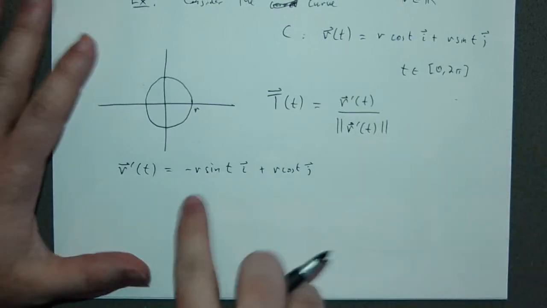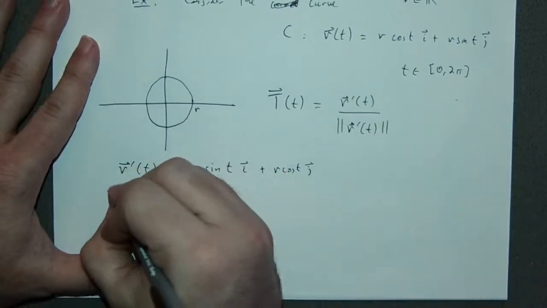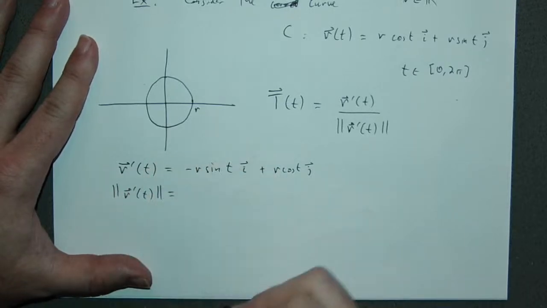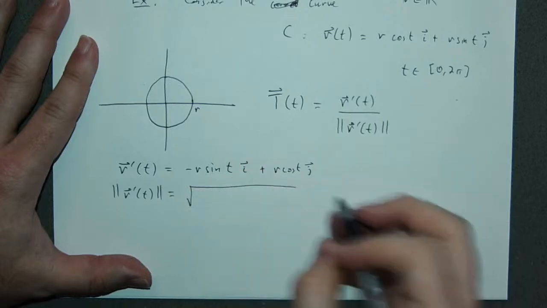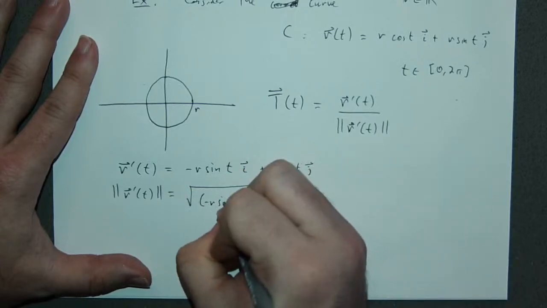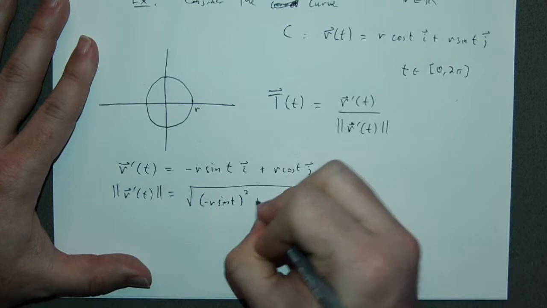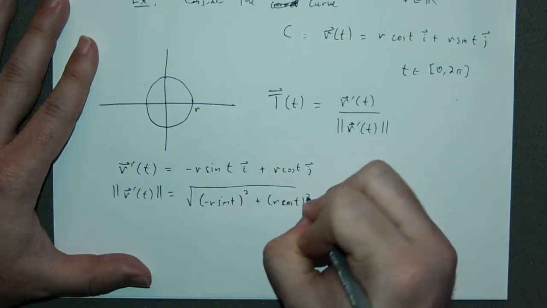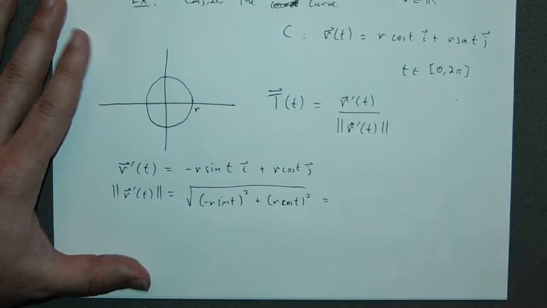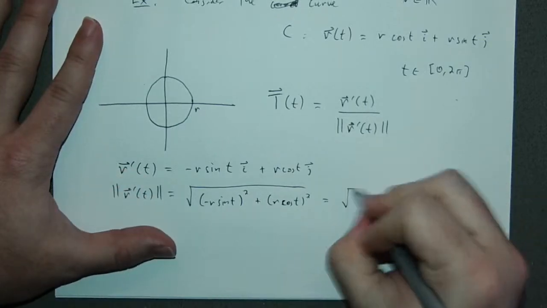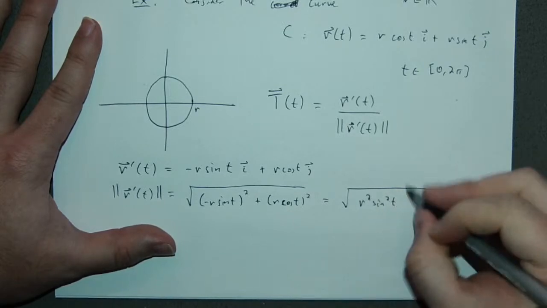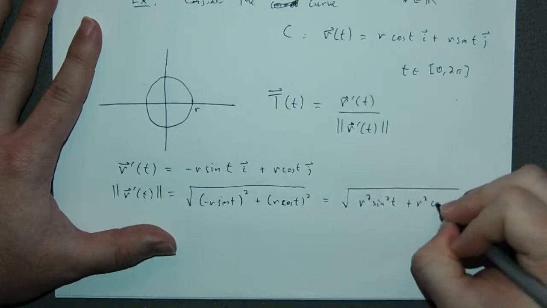Okay. So I take the length of r prime of t. And what do I get? This is the square root of minus r sine t squared plus r cosine t squared. So this is the square root of r squared sine squared t plus r squared cosine squared t.